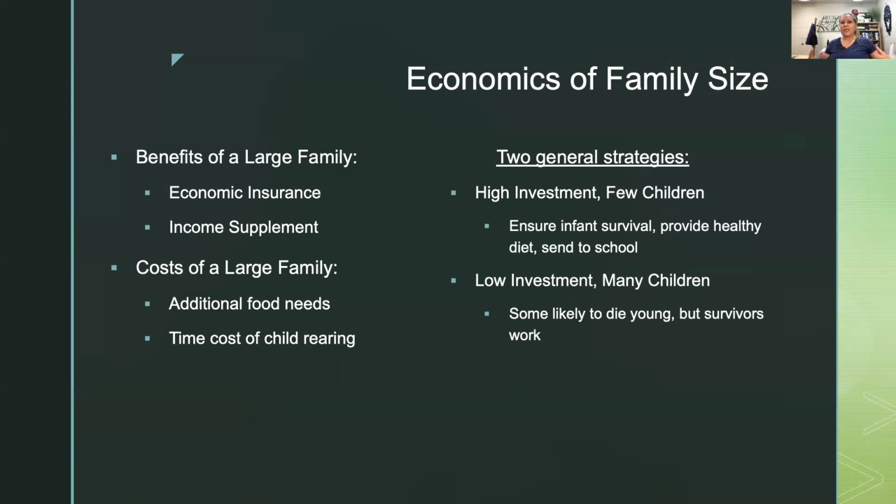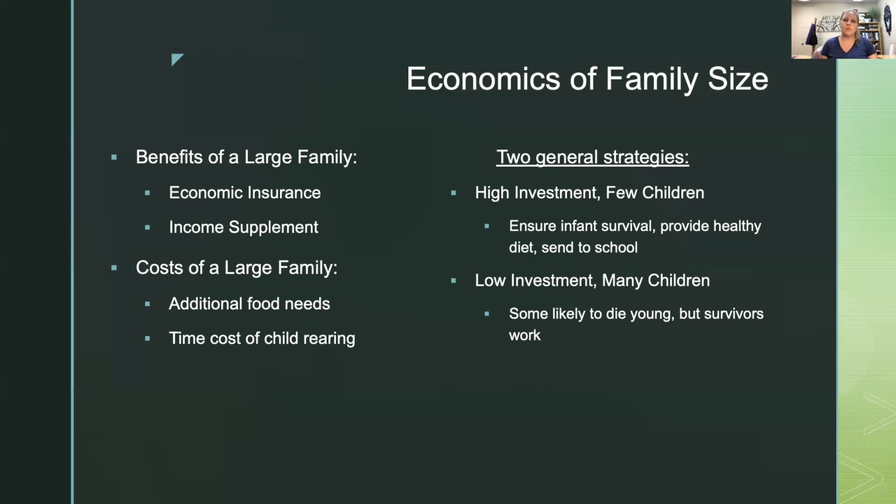So when we're thinking about the costs and the benefits of having a very large family, having a large number of children, well, because we know that, especially in developing countries, there are still fairly high infant and child mortality rates, then one of the benefits of having a large family is risk aversion, that you're kind of insuring yourself that if you have 10 children, hopefully 5 of them survive childhood.